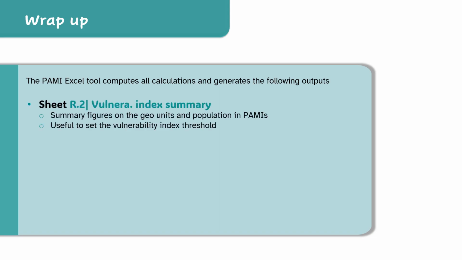As we wrap up this module, here are the important points to remember. The PAMI Excel tool computes all calculations for the identification of PAMI for elimination. It also generates the following outputs. Sheet R2, Vulnerability Index Summary, provides summary figures on the geographic units and the population in PAMI depending on the vulnerability index threshold selected. These figures are essential to set the vulnerability index threshold at the stakeholder validation.